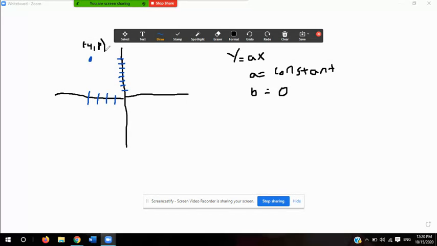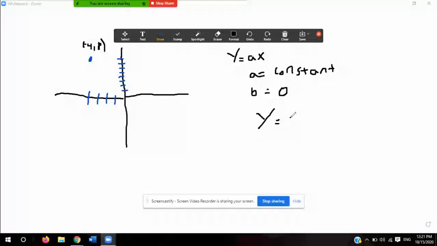Okay, so what I need to find in order to graph this is my constant of variation. So I have my equation, y equals ax, and I need to find a. And what a is going to do is indicate two things. One, whether the graph is going to be positive or negative, and two, more or less at what points the graph would intersect.